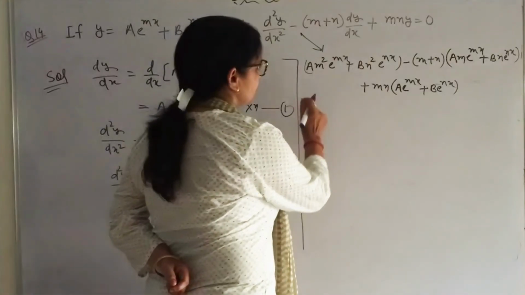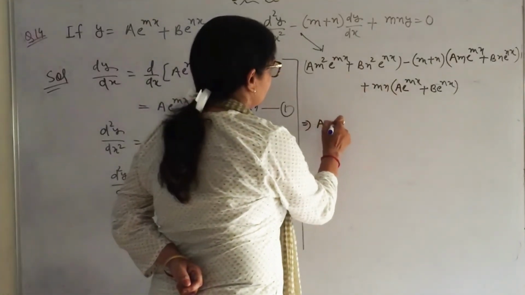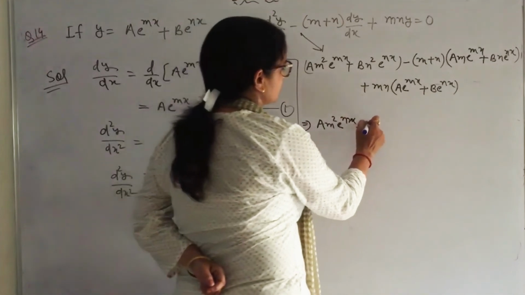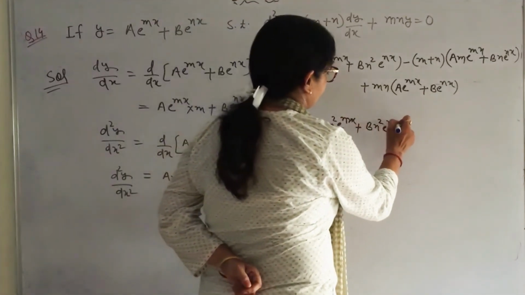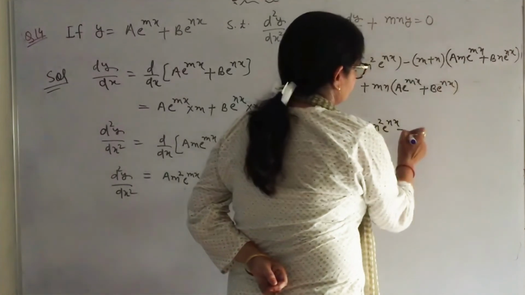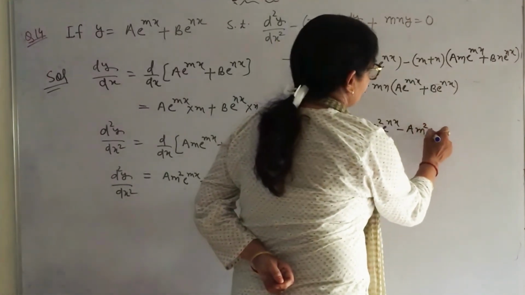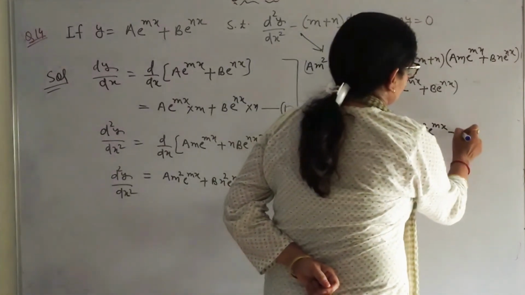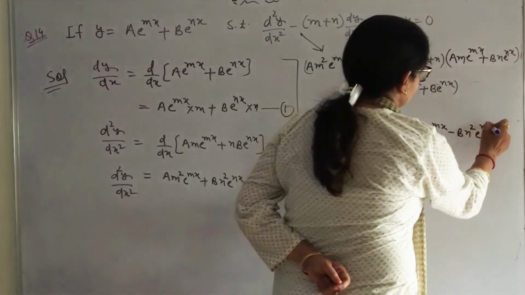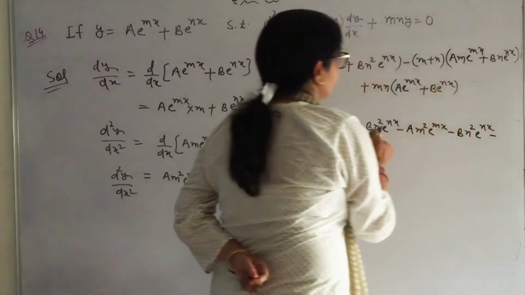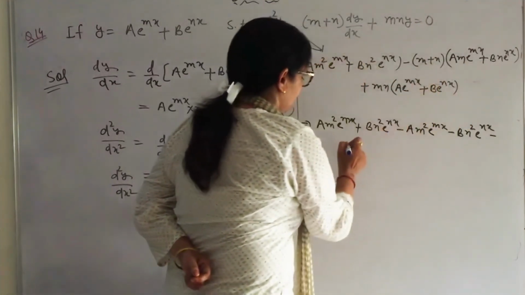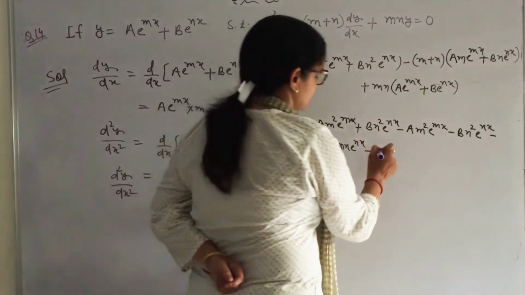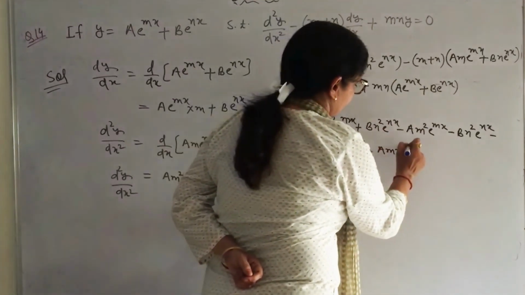Okay. Now students, simplify this equation. It is a m square e raise mx plus b n square e raise nx minus, now multiply this: it is a m square e raise mx minus, here it is b n square e raise nx, and here it is minus b m n e raise nx minus a m n e raise mx.